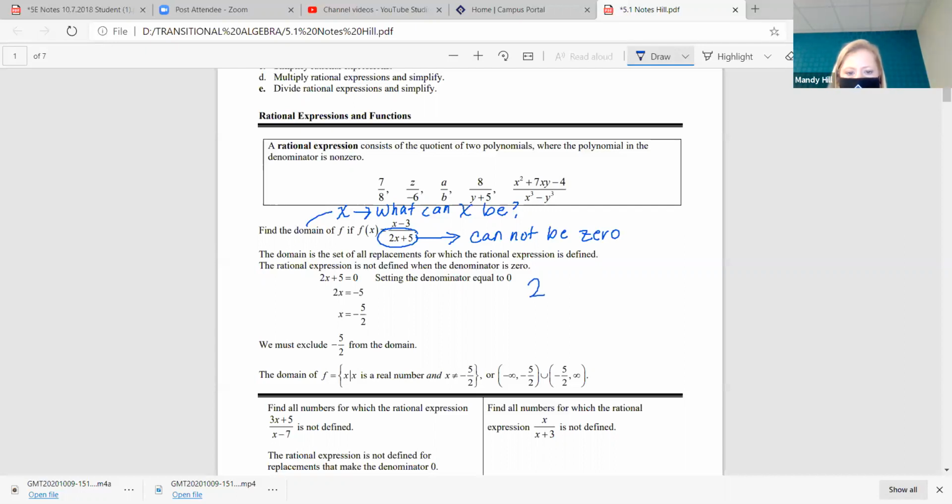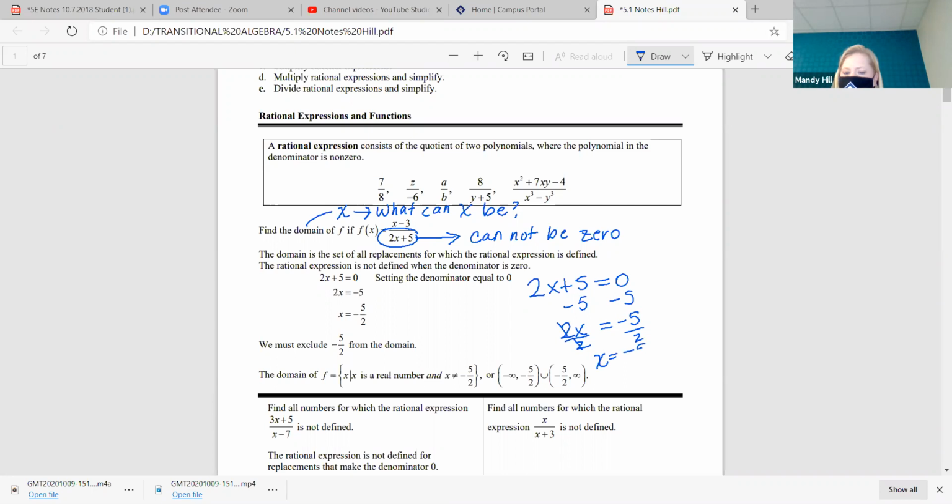I need to go, okay, when is 2x plus 5 equal to 0? We would solve this using algebra, subtract 5 from both sides. We would get 2x is equal to -5, divide by 2, divide by 2, and so these 2's cancel out.